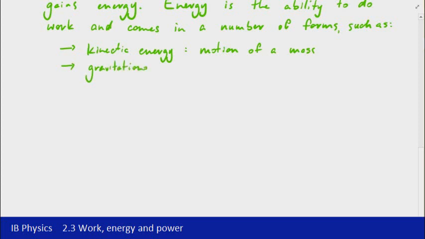And hopefully these terms are familiar to you. You should have covered these in perhaps Year 9 and Year 10 science. And gravitational potential energy is due to the position of a mass in a gravitational field.